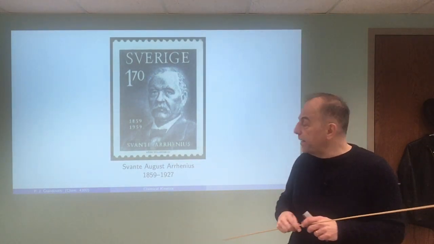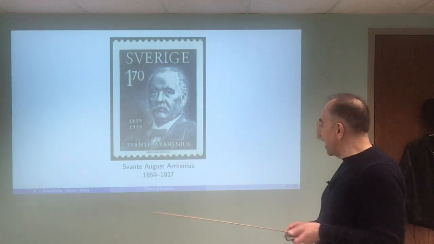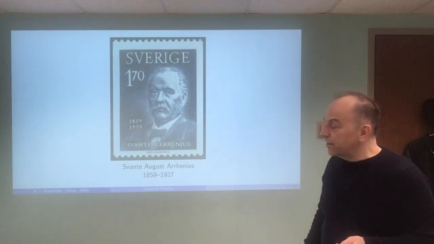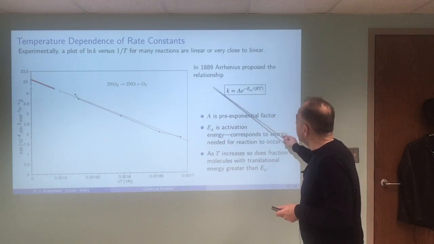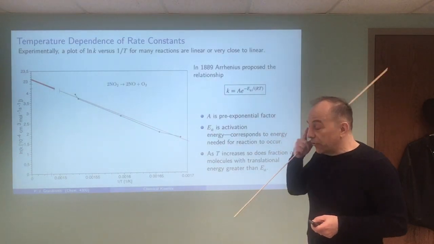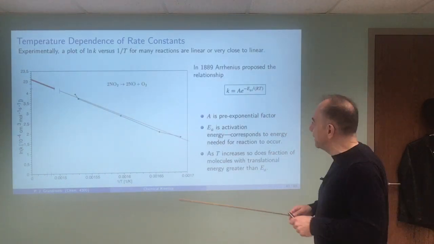And this is a story that begins with the Swedish physical chemist Svante Arrhenius, who in 1889 proposed this relationship from his empirical experimental measurements in the lab.